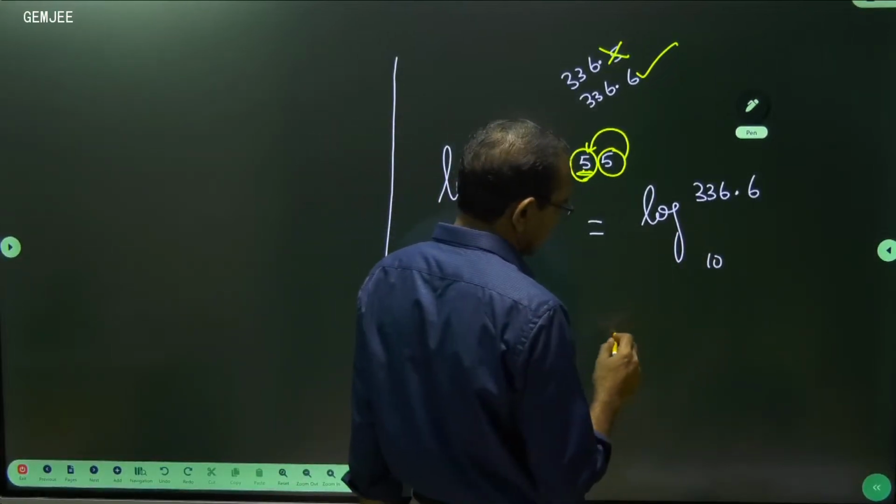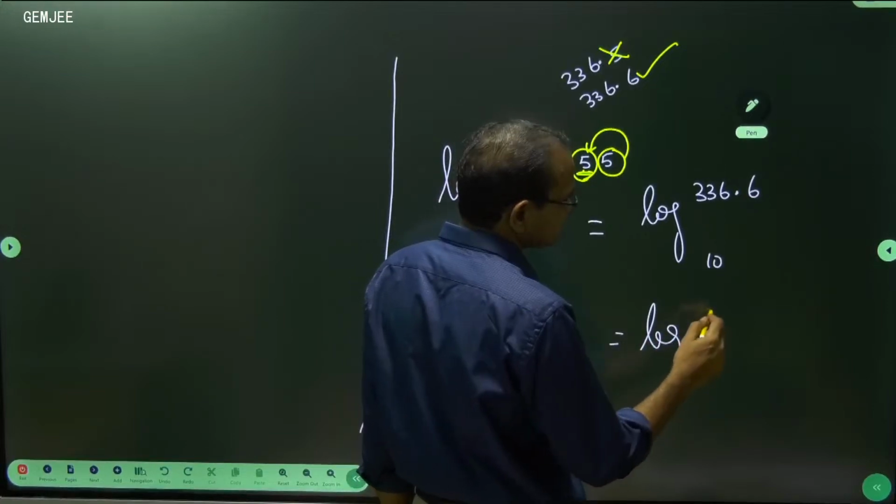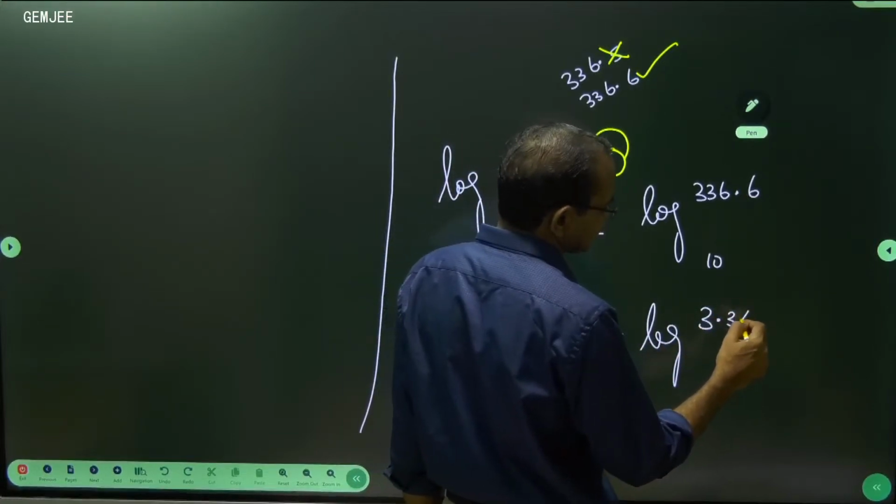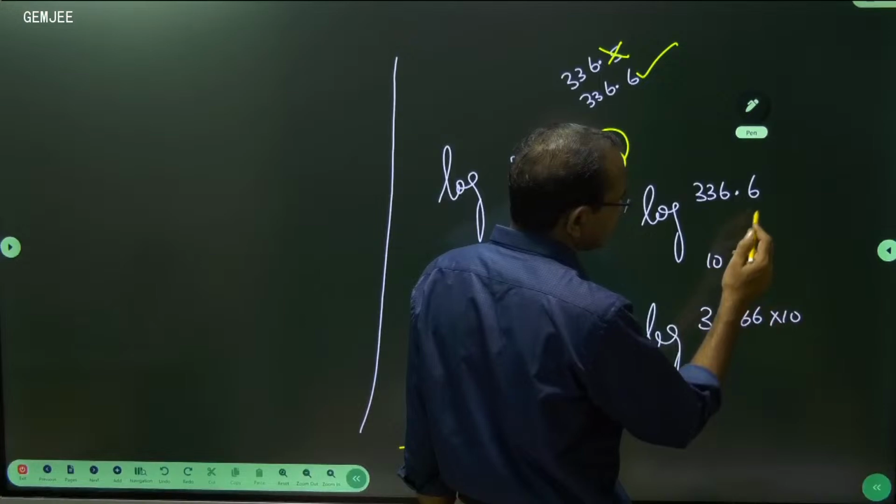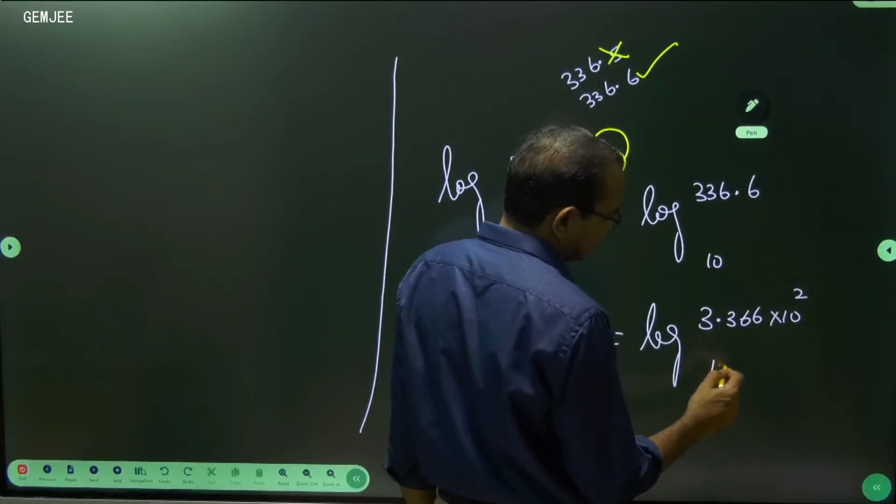Now you have to log of 3.366 into 10 power 2. Decimal place I have moved by the base 10.